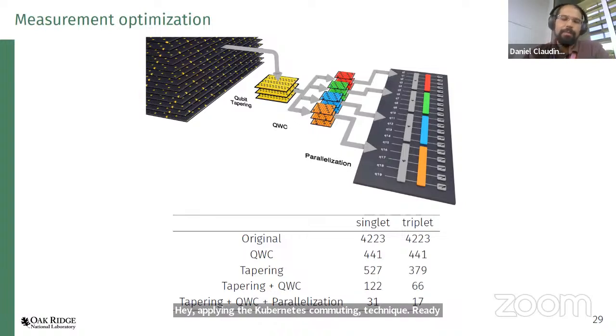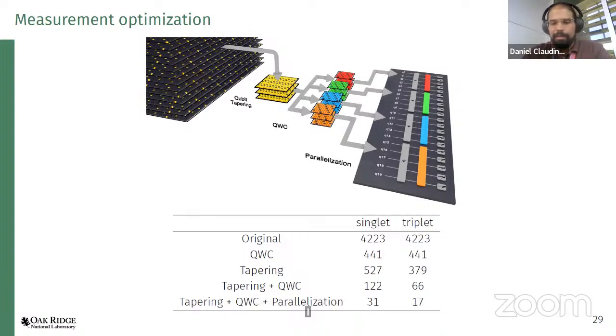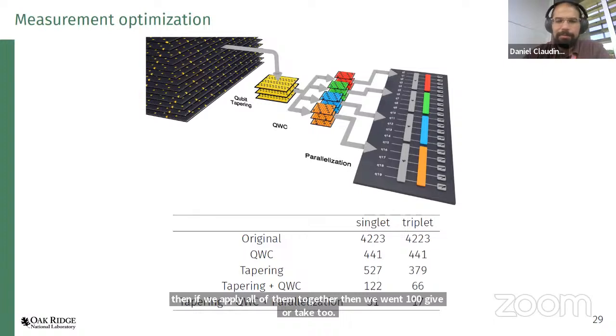If we went back to the original 8,500 and only applied qubit tapering, we get more or less the same savings. If you combine the two, then we get down to about 160, 170 something. And then if we apply all of them together, we went from 8,500, give or take, to 48 circuit implementations.